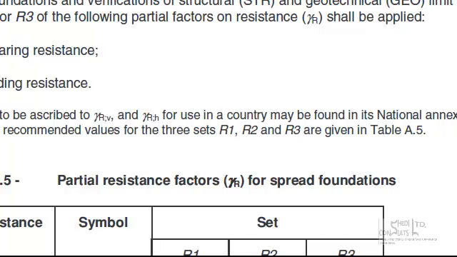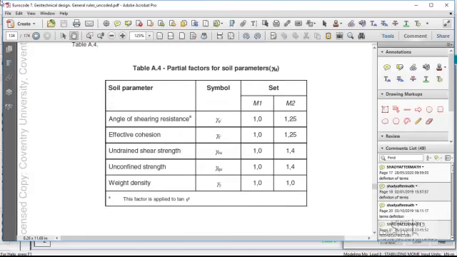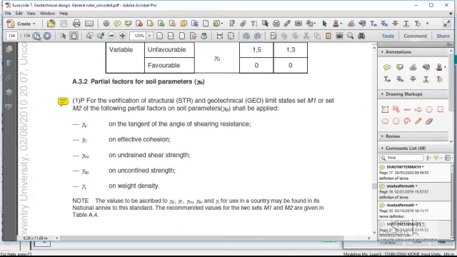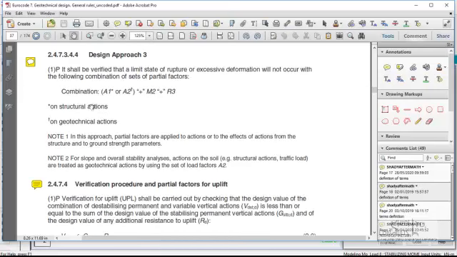For sliding resistance, these are the partial factors of safety, and the combination of factors you are to use is as shown here. It says A2 plus M2 plus R2.